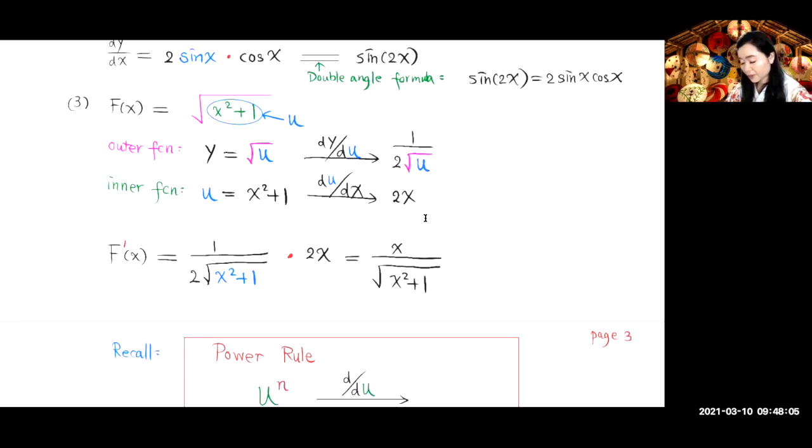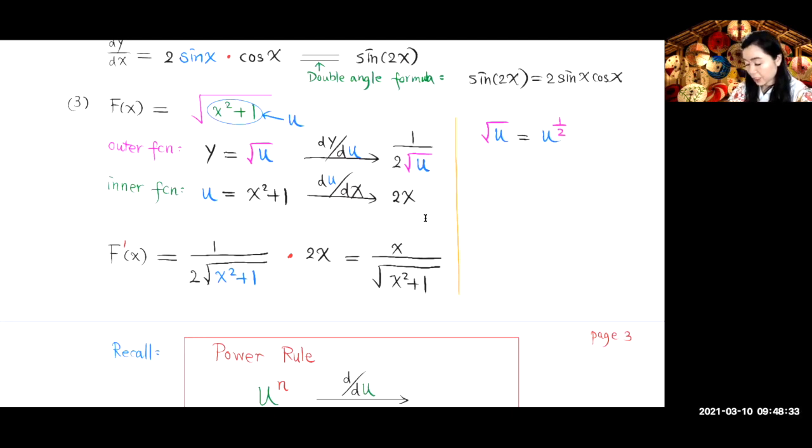Just in case some of you still don't remember this one, I will put it on the side just to refresh your memory, okay? Over here we have square root of u. That's u to the 1/2 power.